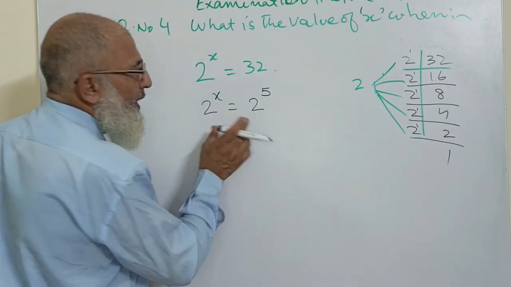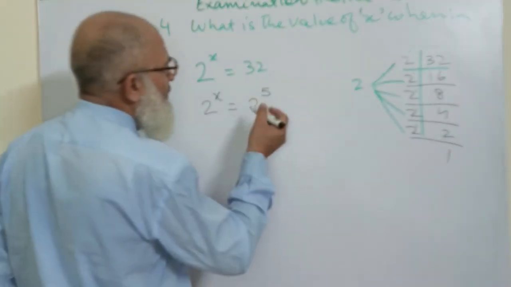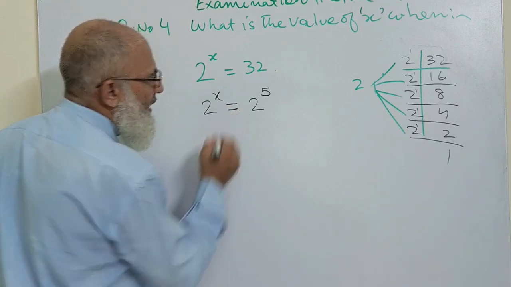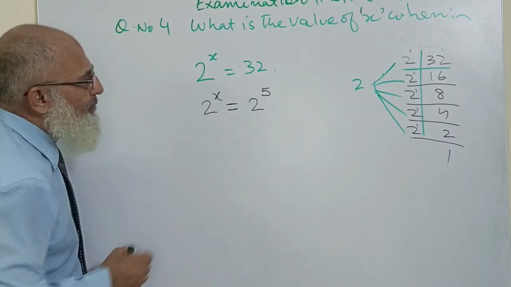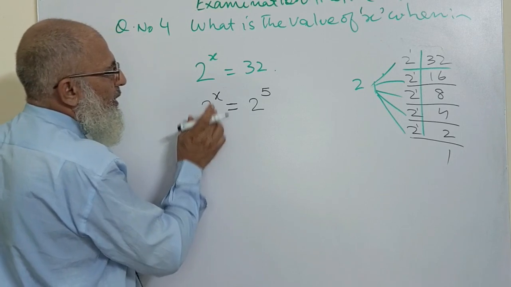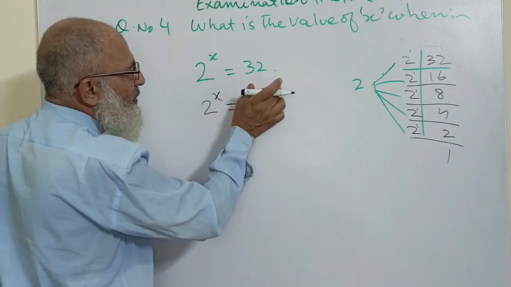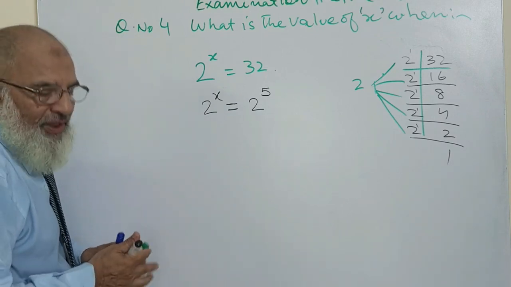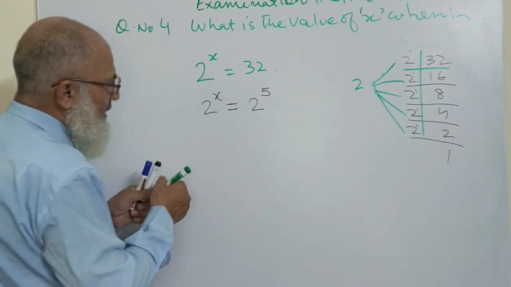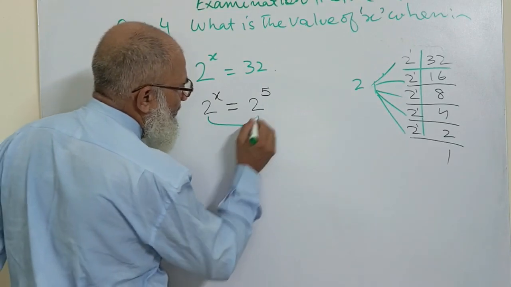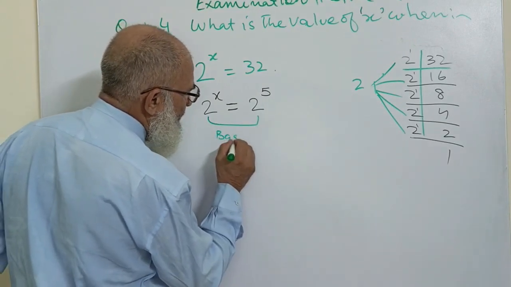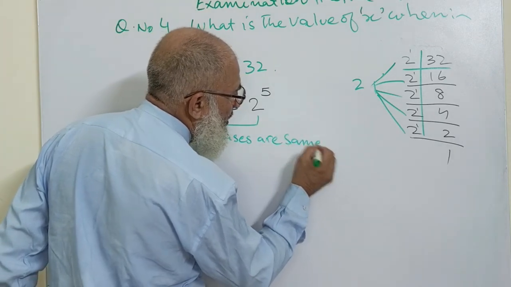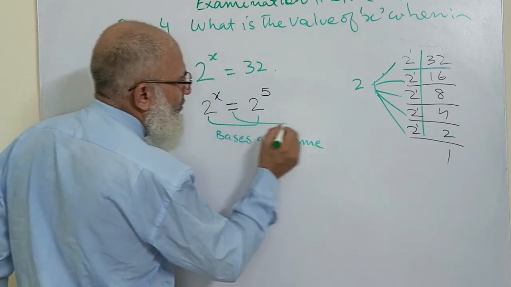I told you a formula: when the bases are the same and they are equated by a sign of equality, then the indices must be the same. The bases are same, so both conditions are satisfied.